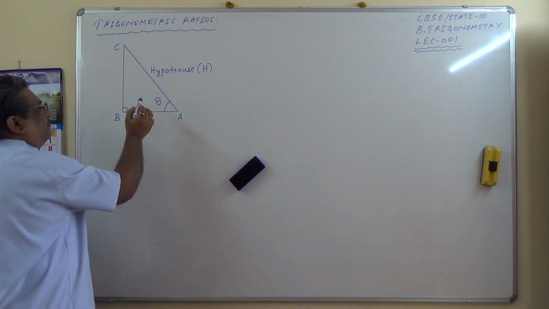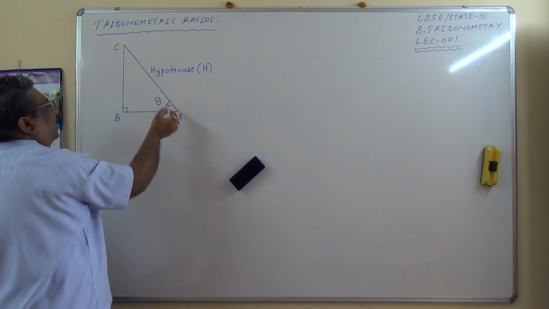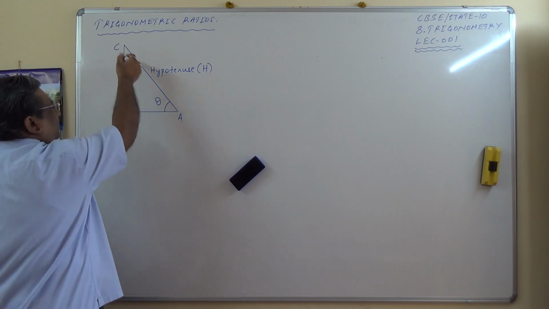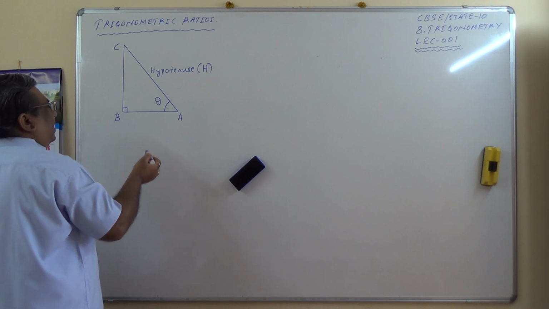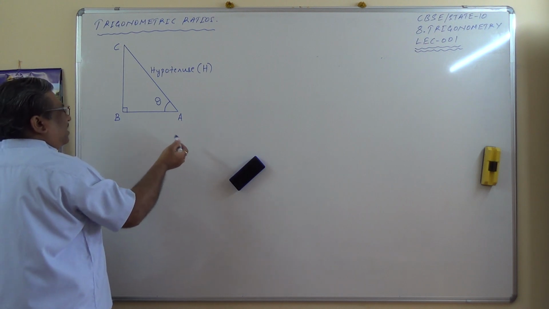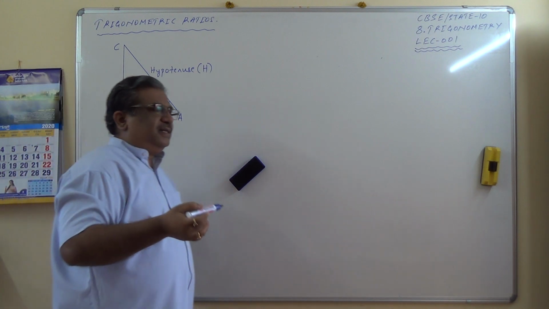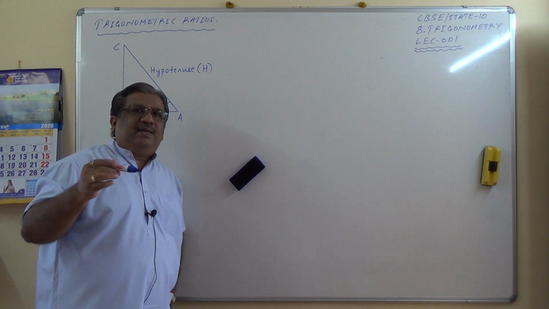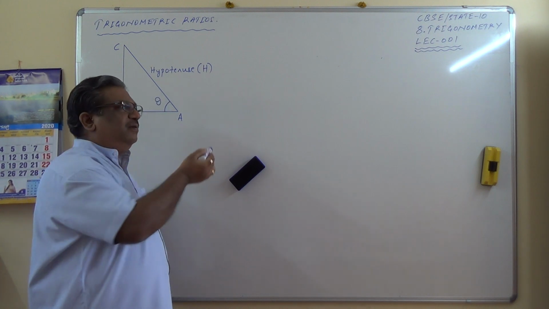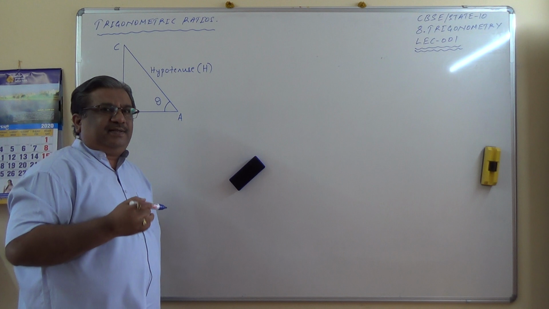So, if I know theta, that is one of the acute angles of a right triangle, either A or C, then it is possible to identify the adjacent side and opposite side. First, I go by the terminology adjacent side and opposite side, and then what are the similar analogies in terms of perpendicular and base. That way I can proceed.